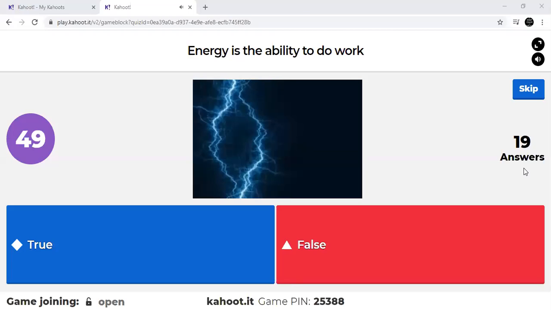So if you guys would still like to join in, the game pin is appearing at the bottom of the screen. It's 25388. Azile, is it true or false? Same for your answer.